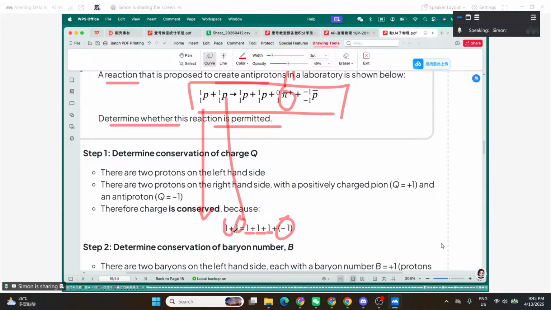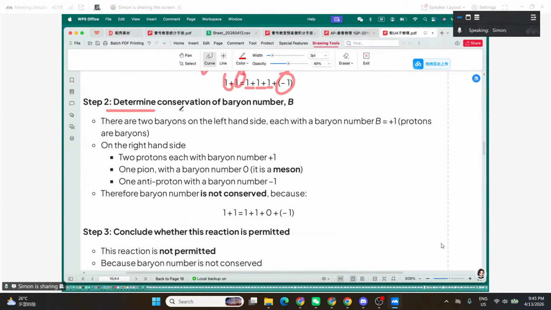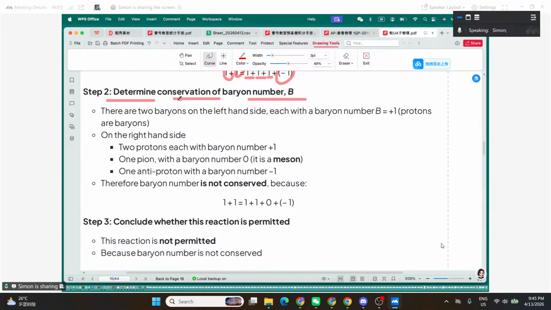Okay, no problem. Step two, let us determine the conservation of baryon number. There are 2 baryons on the left side, each with baryon number B = +1, the proton and the baryon.